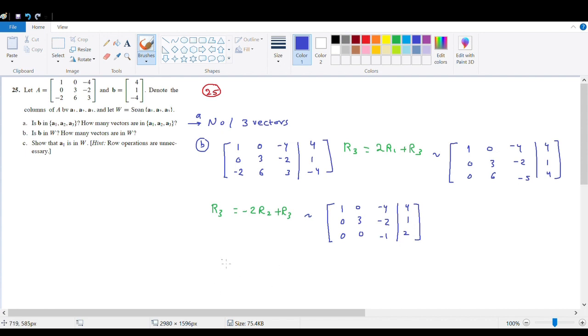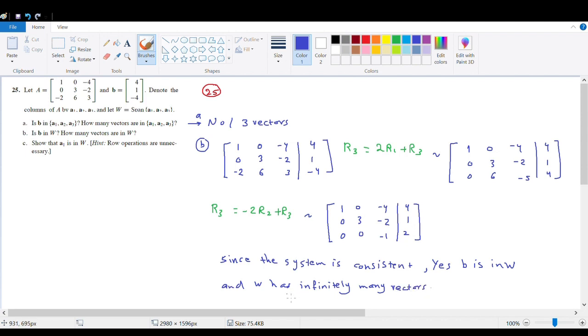So for B, since the system is consistent, yes, B is in W, and W has infinitely many vectors.